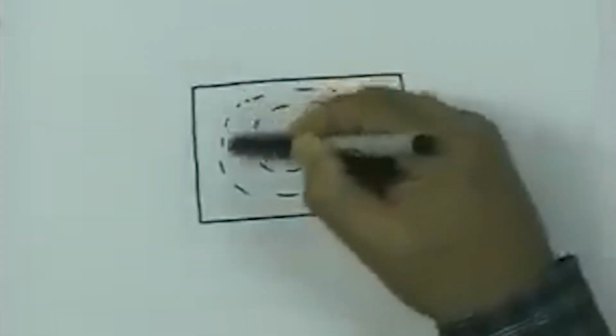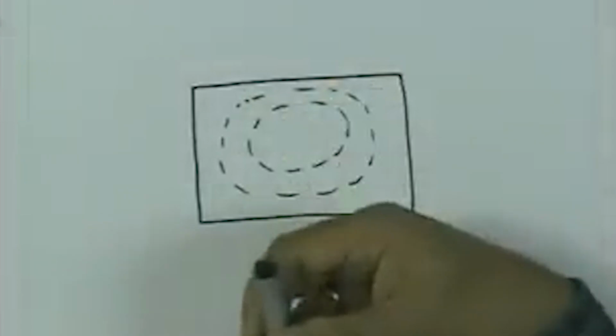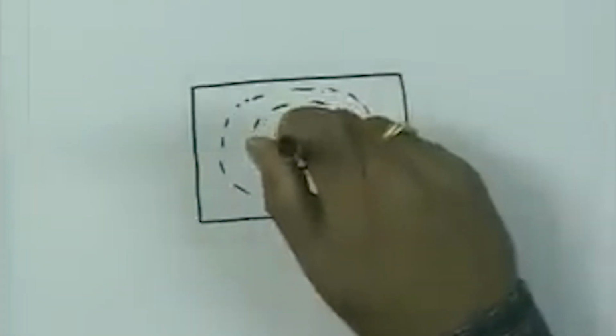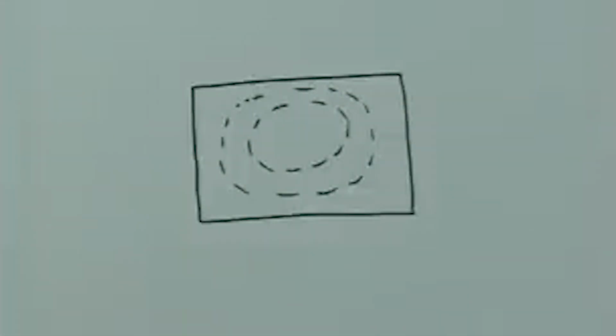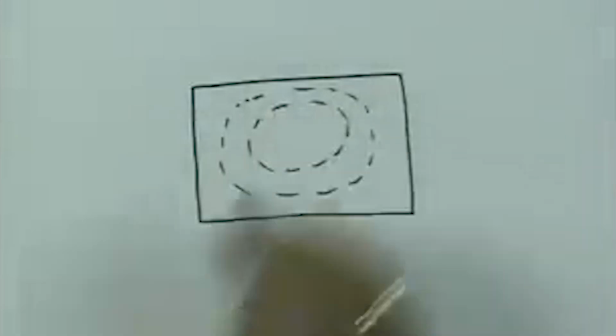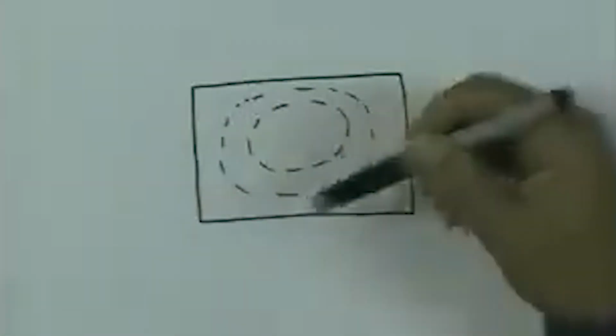However, if the magnetic field lines are like this, then we know that there has to be a current enclosed by these magnetic field lines. So there must be a current flow, something like this, which is enclosed by the magnetic field lines. Then and only then can these magnetic field lines survive. So there are two possibilities.